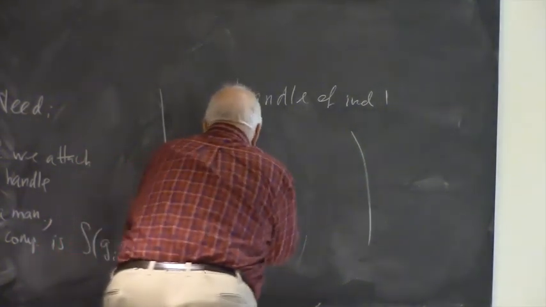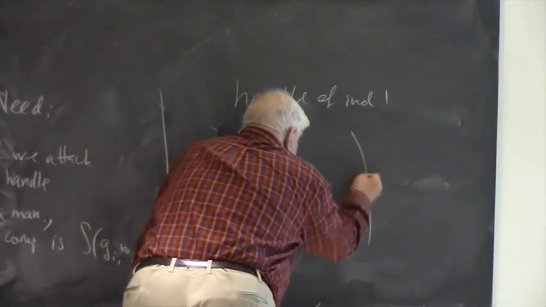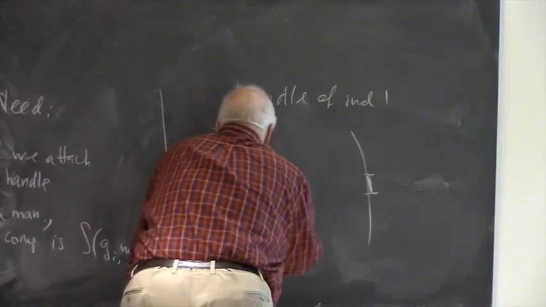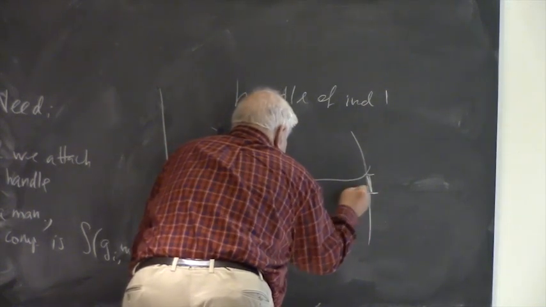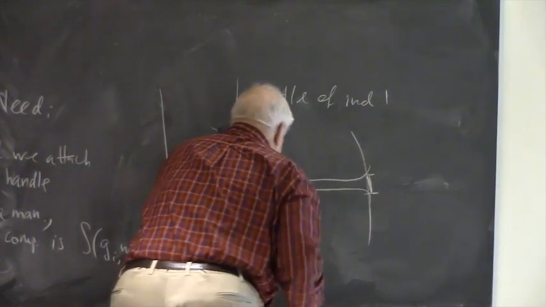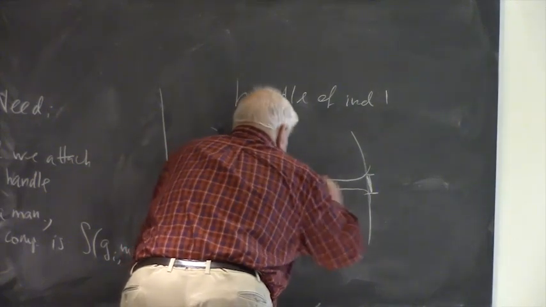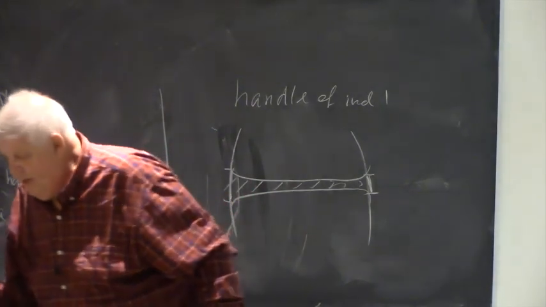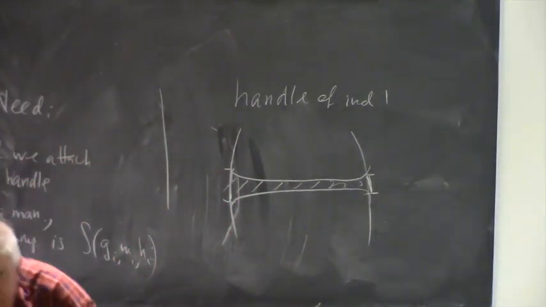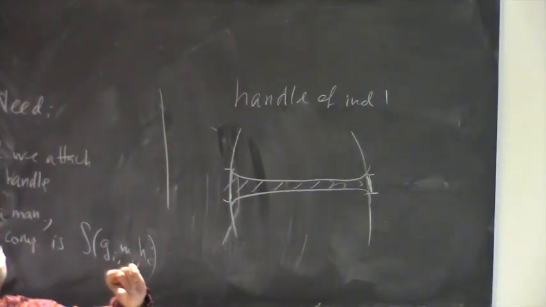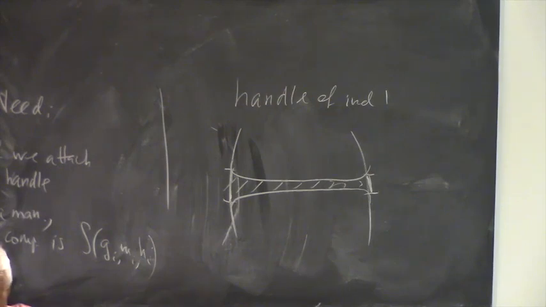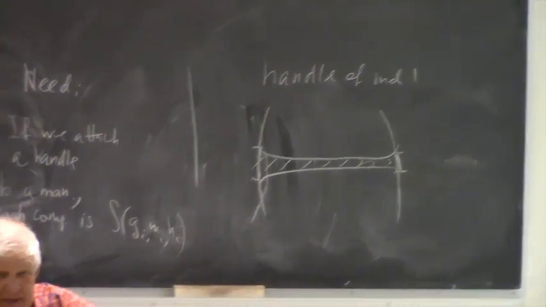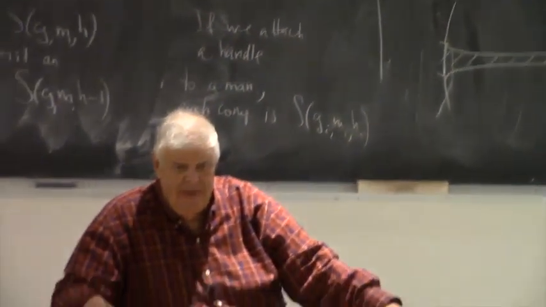And then we take intervals and make attaching like this. So we take a strip of paper, put some glue on the short sides, and attach them to the boundary.